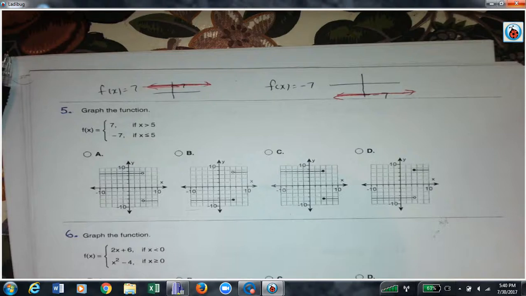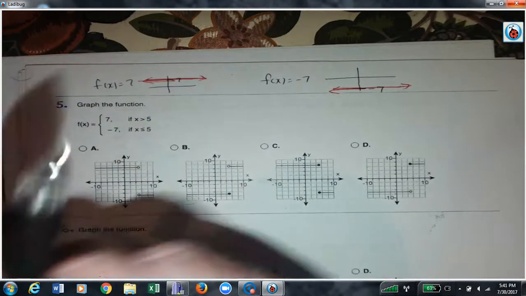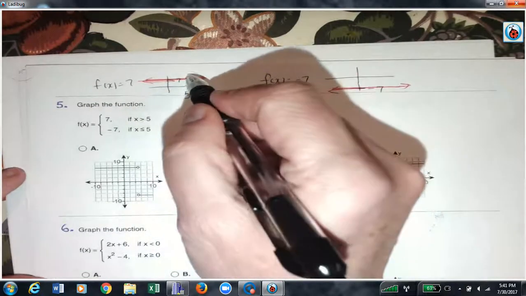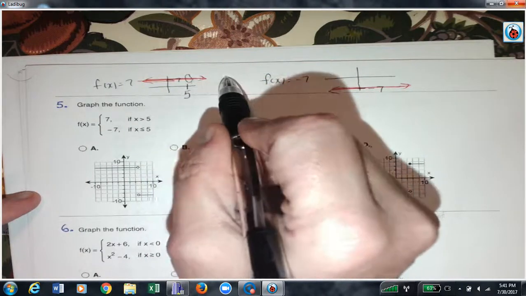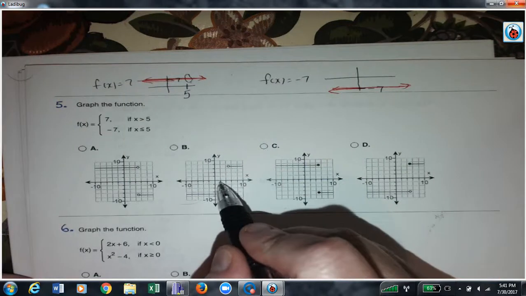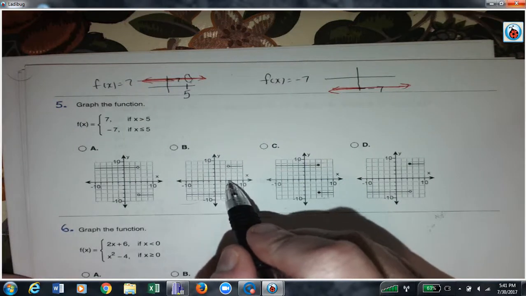But remember, this is a piecewise function. So we only want this function when x is strictly greater than 5. So only when my x values are bigger than 5, so only the stuff past 5. So here 2, 4, there's 5.